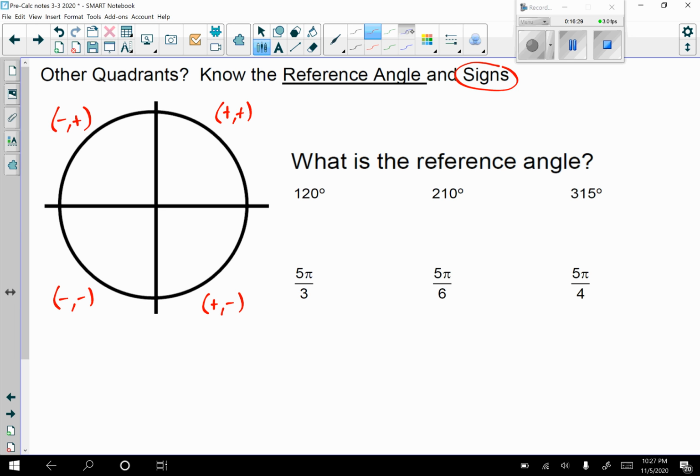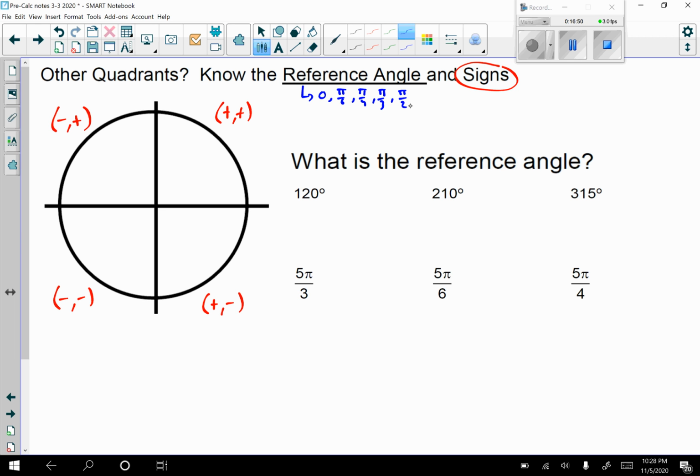So what is that? The reference angle. The reference angle is always going to be one of those first quadrant angles. I guess we could have 0, but it's pi over 6, pi over 4, pi over 3, or up to pi over 2. It's all a first quadrant angle.